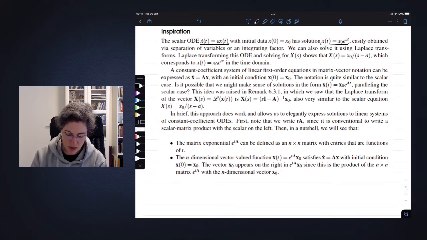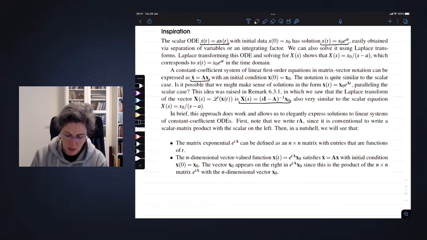But with constant coefficient systems, where we're looking at the homogeneous version, we saw when we looked at the Laplace transform method of solving this, that we end up with something quite similar. So in our Laplace transformed version of the solution, we got this.